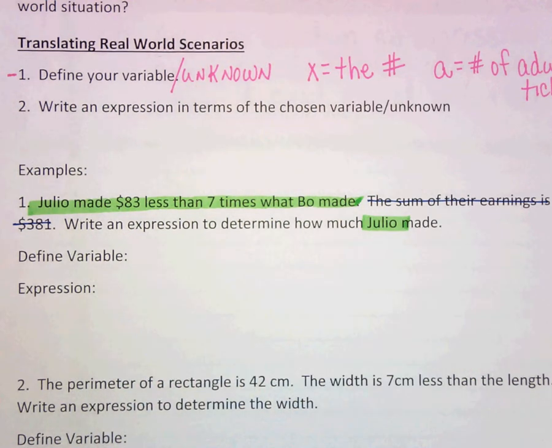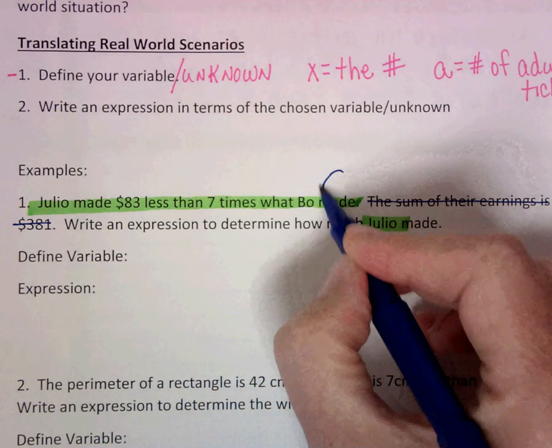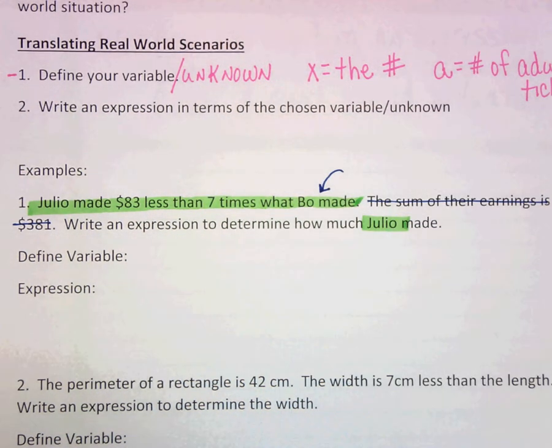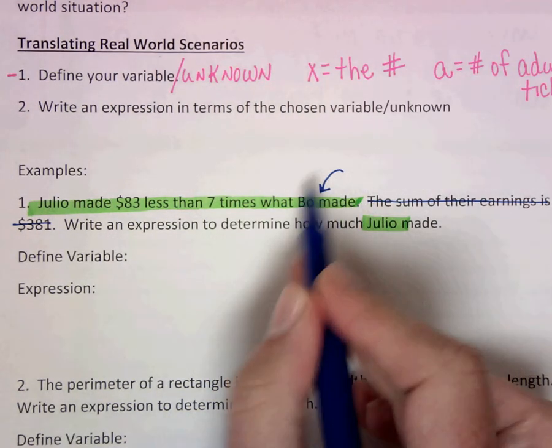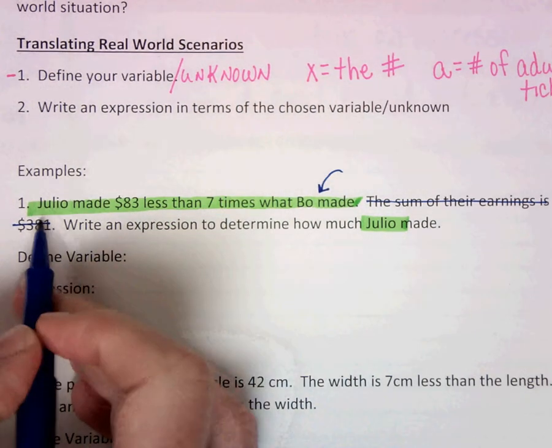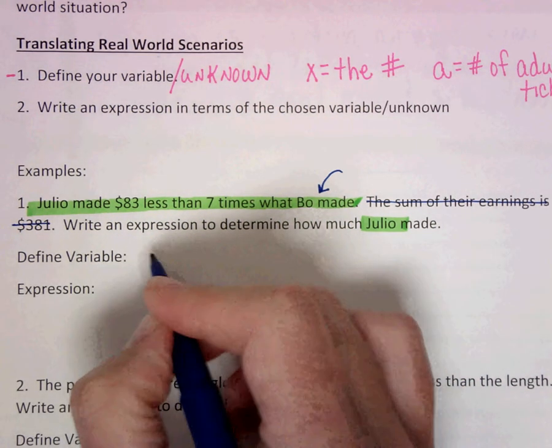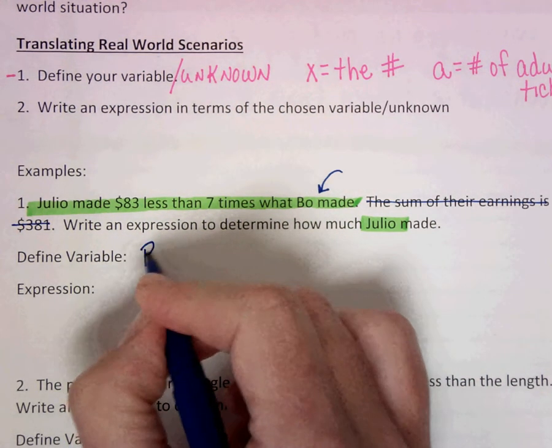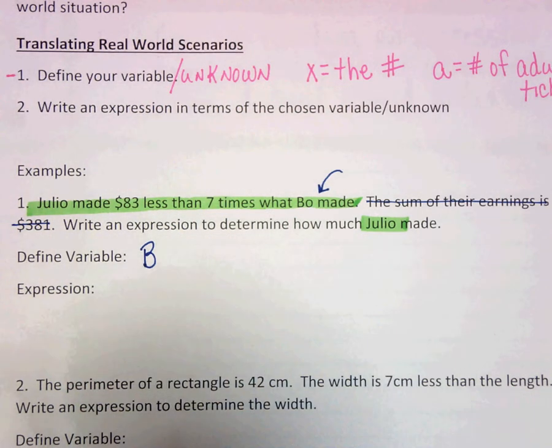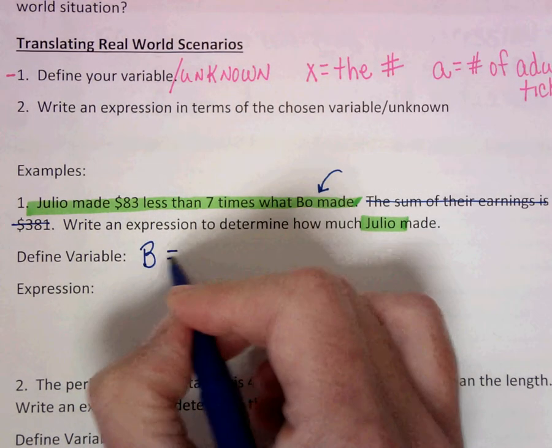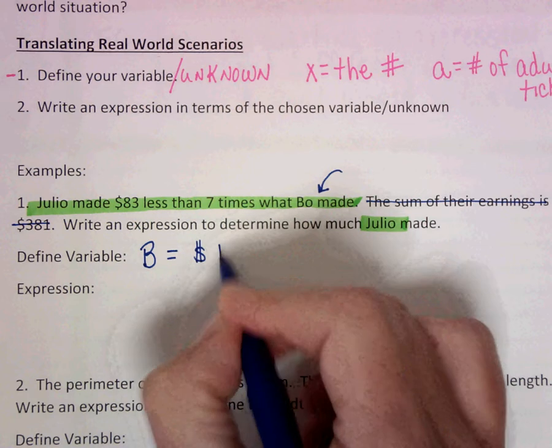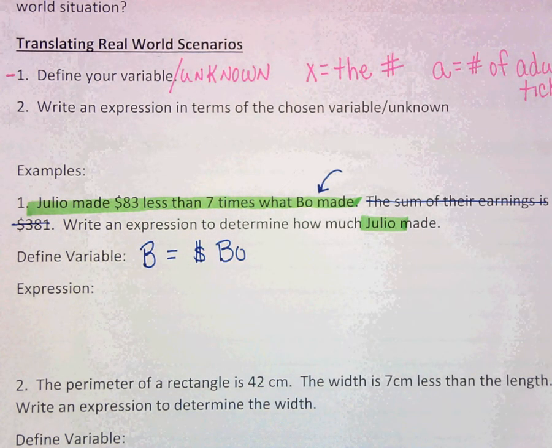Now I know we don't know what Julio made, but what else is it that we don't know? We don't know how much Bo made. And we have to know how much Bo made in order to figure out how much Julio made, right? So in this example, our variable, our unknown that we're going to define, is how much money Bo made.